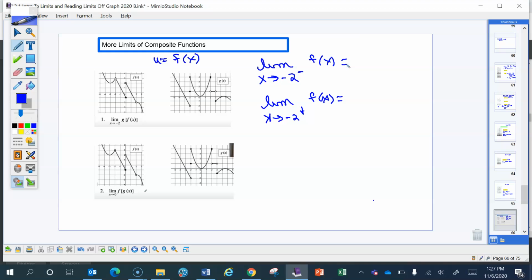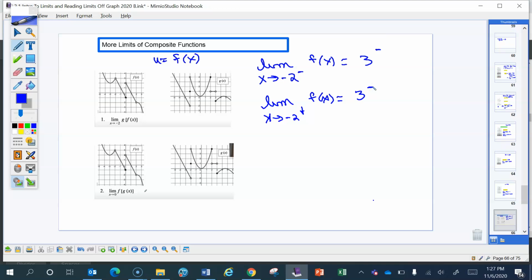And if I look, the limit as x approaches -2 from the left of graph f is going to be 3. And it's coming from below 3, so it's really approaching 3 from the negative side, or from below 3. And as I approach -2 coming from the right, it's also approaching 3 from below.